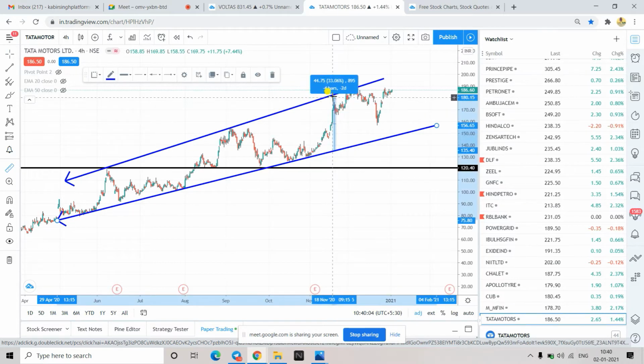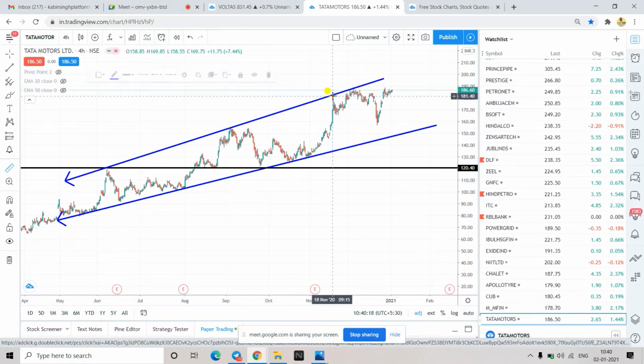Once you measure it, it is like 33%. You can make half of it your first target, and you will not have to wait for long, and once you get it, you can close your position.